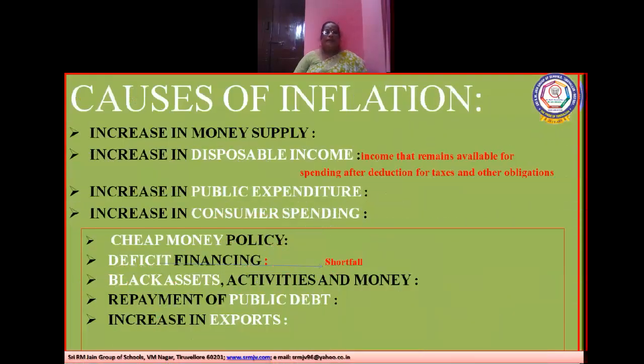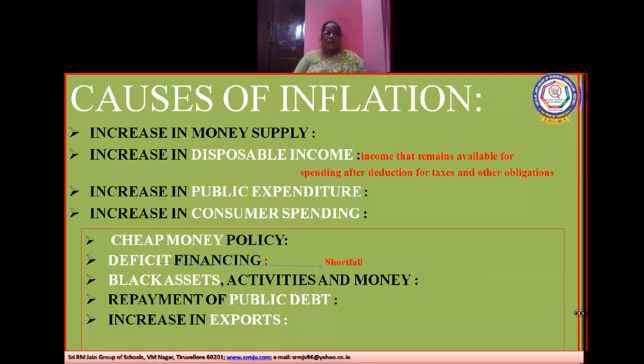Now, let us see what are the causes of inflation. They are nine in number. Number one, increase in money supply. Number two, increase in disposable income. Number three, increase in public expenditure. Number four, increase in consumer spending. Number five, cheap money policy.